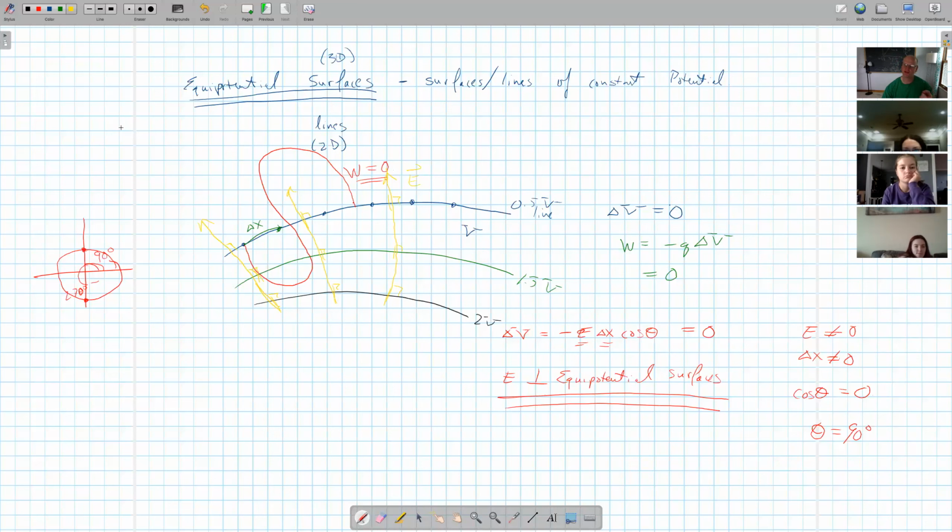This is also important because it's much easier for me to measure a potential. That's a voltmeter. What a voltmeter does is it measures potentials, so it's a lot easier for me to measure a potential as opposed to an electric field. We don't really have devices that measure electric fields.